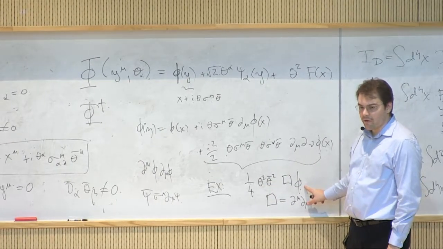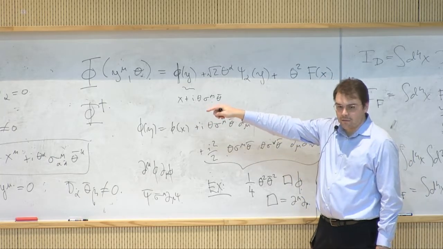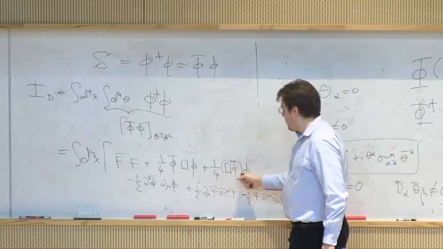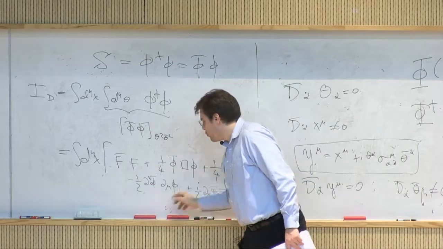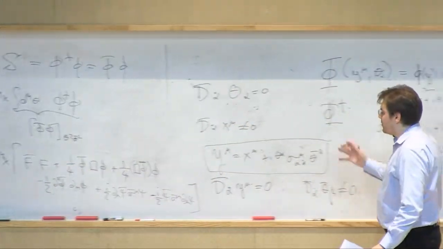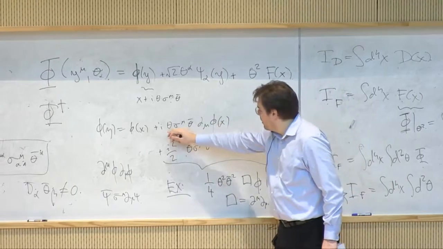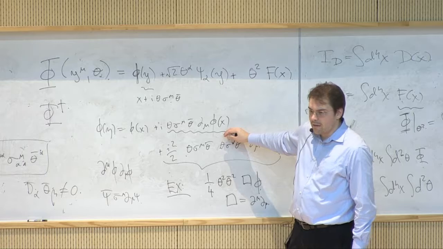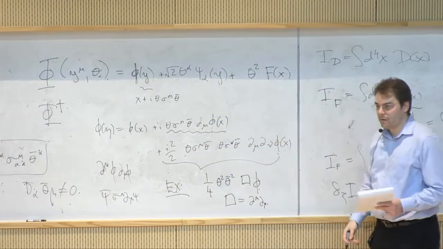So that already has 4 thetas, and it just picks up the lonely phi bar from the anti-chiral superfield. So that explains this term. And this term is just the same thing, but in the other order. The mixed term with 2 derivatives on each of the phi's comes from picking this intermediate term from the chiral superfield and the analogous term from the anti-chiral superfield, and so forth. So it's pretty straightforward.